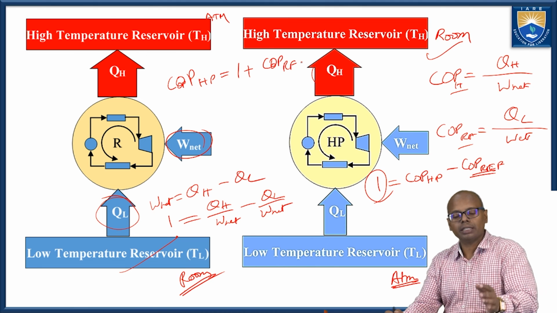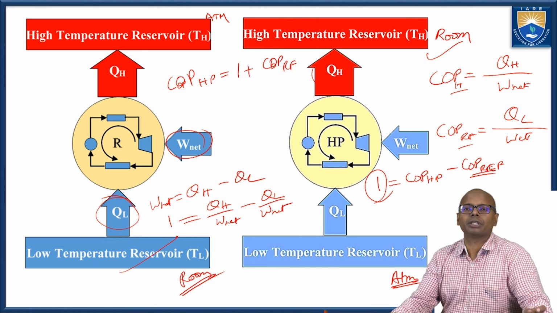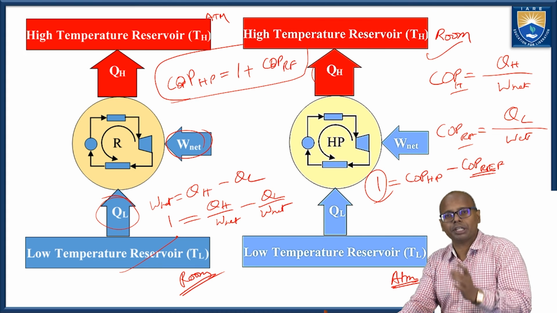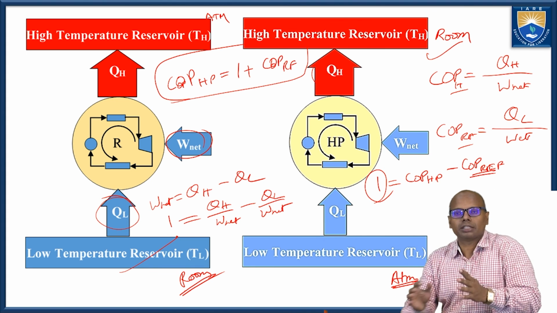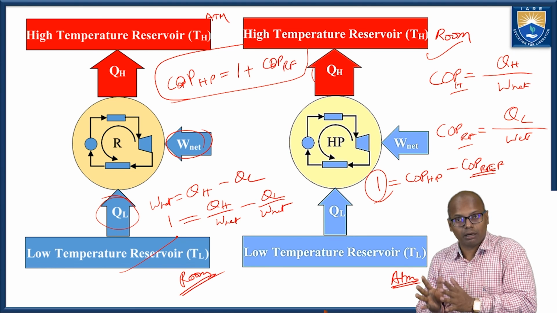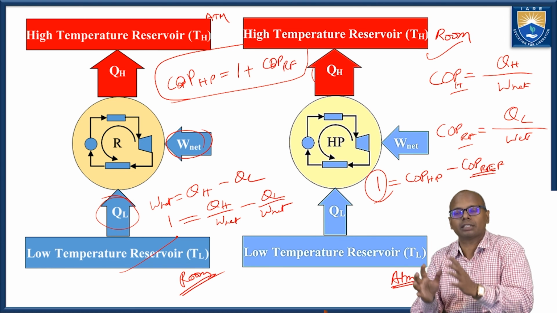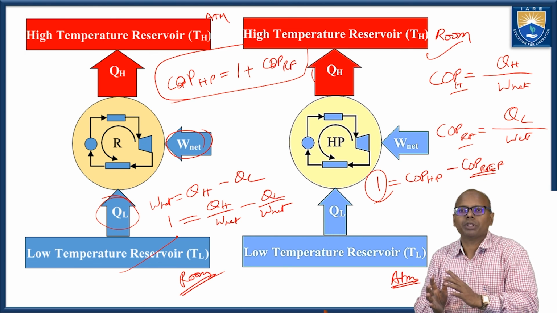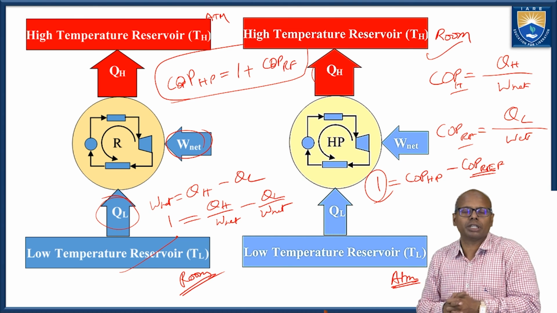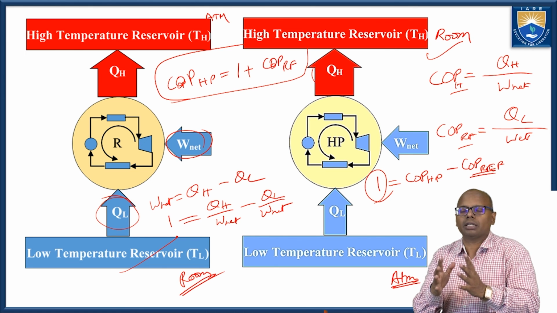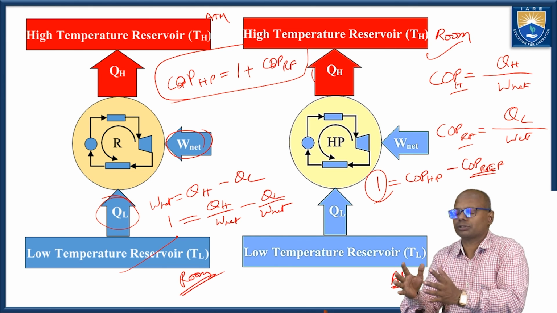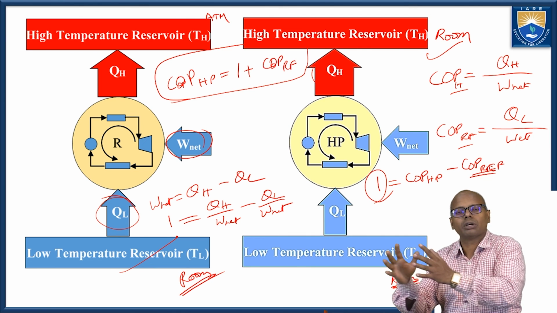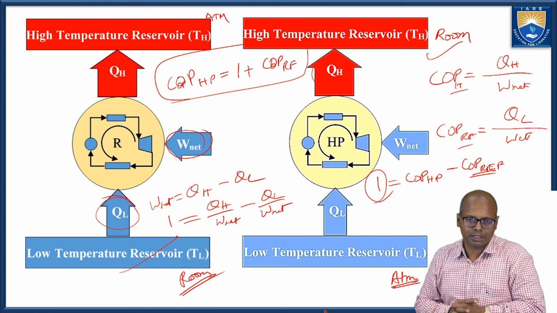Why is this relationship very important? This relationship is very important because in some cases, as I already said, the same machine is working and the aim is different. In questions, they will say that the COP of a refrigerator is so and so, or they will give some conditions and ask you to find the COP of the refrigerator.